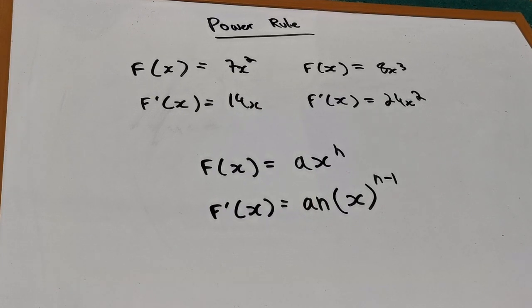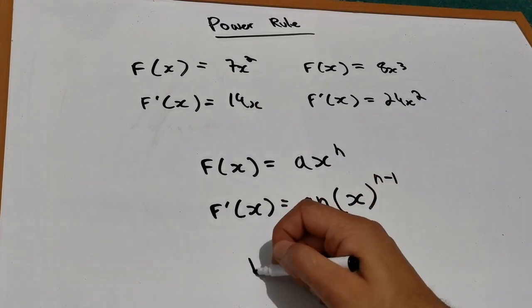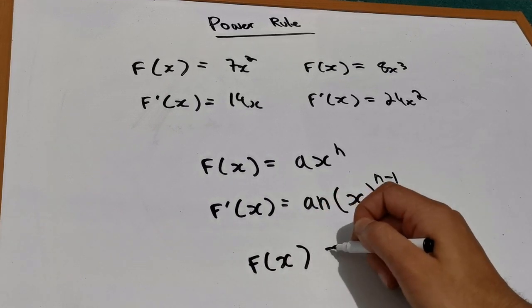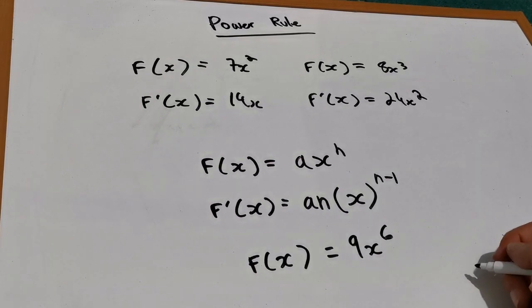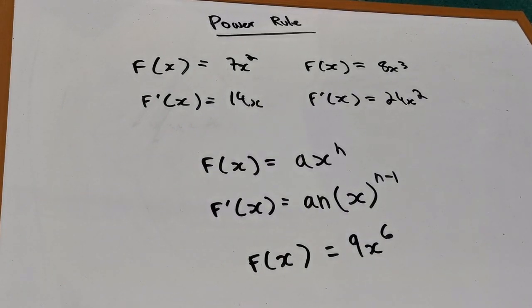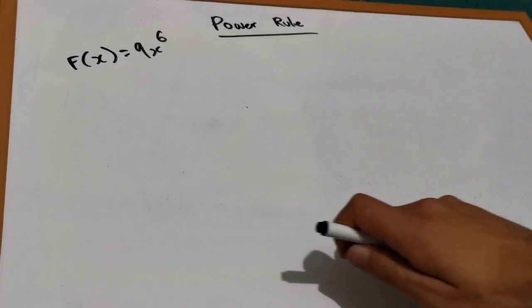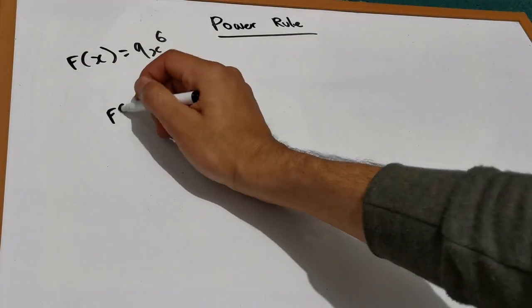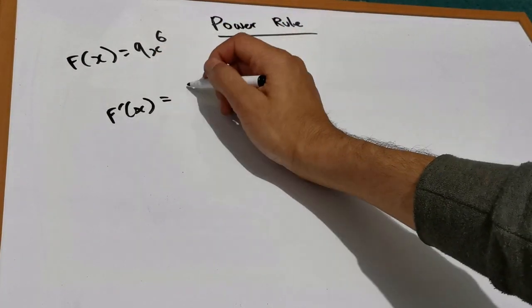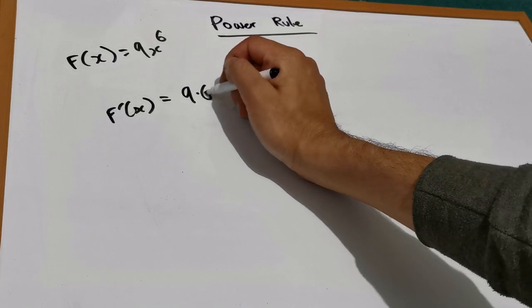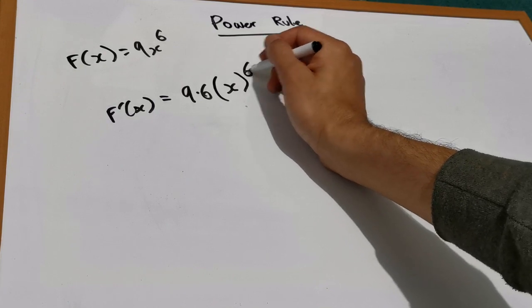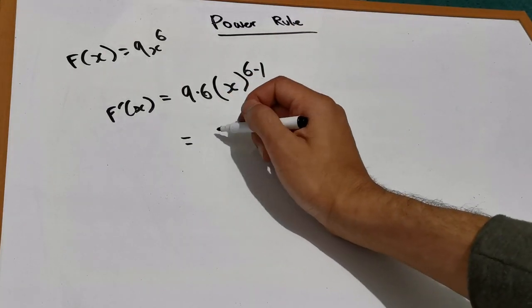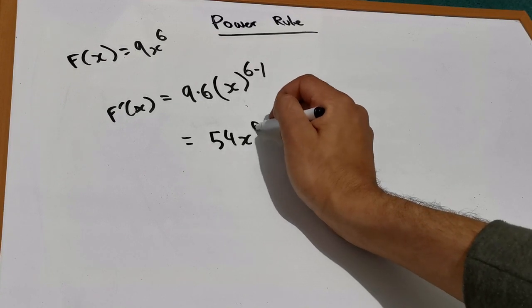So, if I give you an example, a question for you to do, say f of x is equal to 9x to the power of 6. What's f prime of x? Have a go. So, to find f prime of x, you would do 9 multiplied by 6 times x to the power of 6 minus 1, which is just 54x to the power of 5.